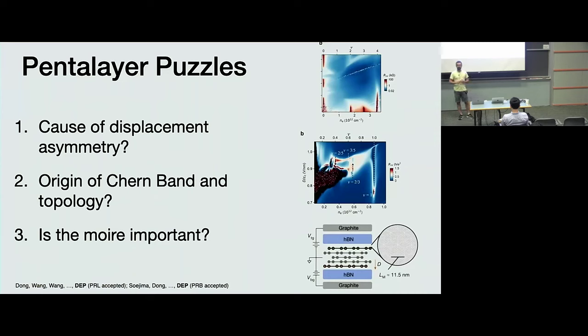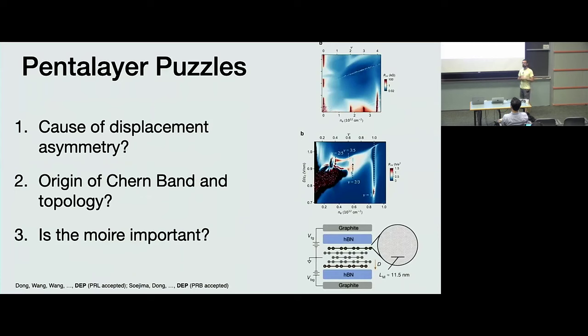The electrons, where you see the Chern band in the fractionalized physics, are pushed to one side of the system, the side opposite to where the Moiré is. And so because of that, it seems, at face value, that the Moiré might not be very important.